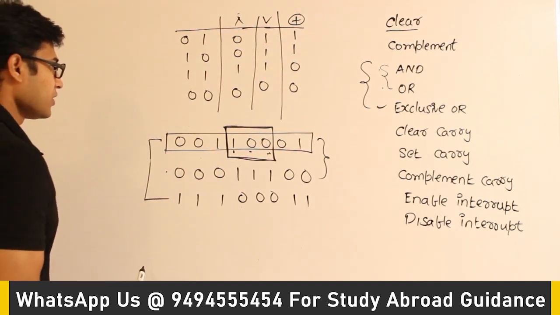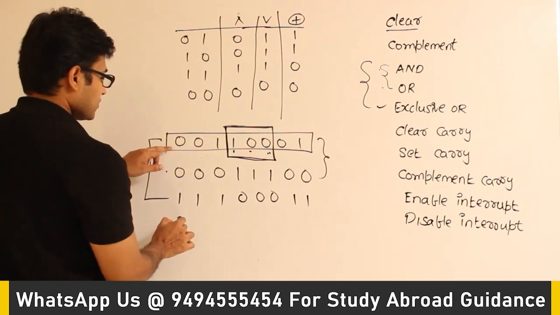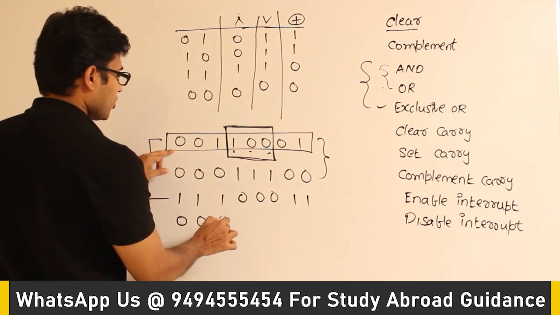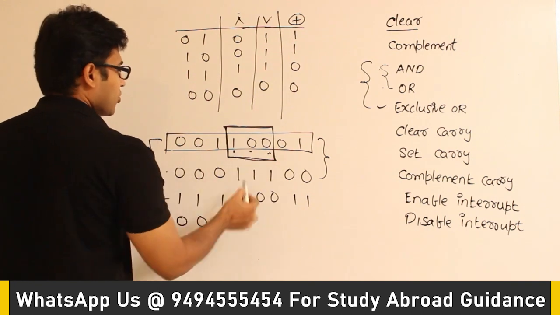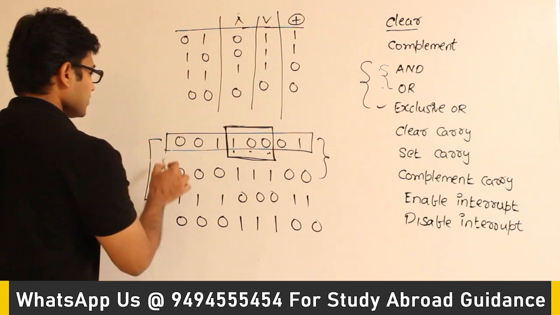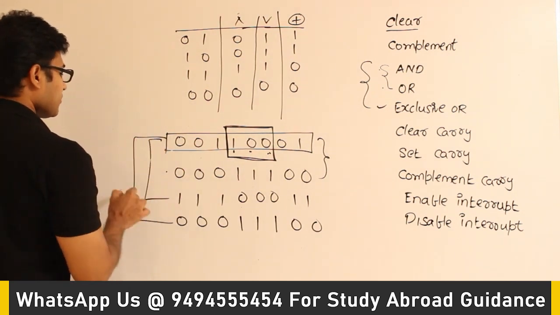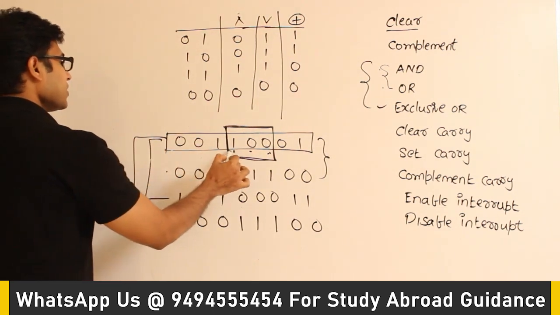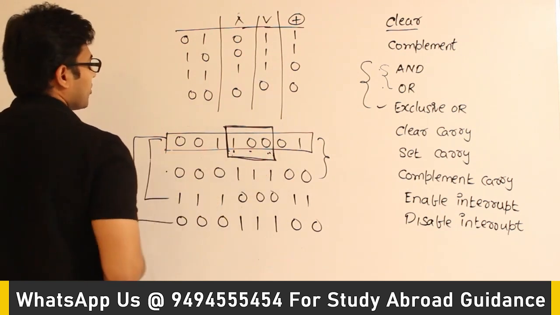How can I apply exclusive OR? Wherever I don't want to manipulate, I can take zeros, and wherever I want to complement, I can take ones. Between these two operands, if I apply exclusive OR, then this particular part is going to be complemented.